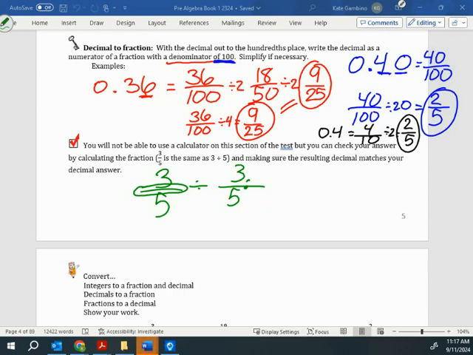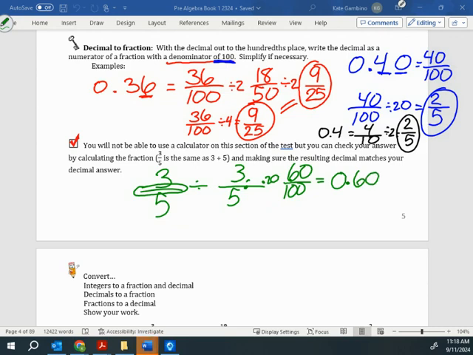So let's see if that works. If I do my steps, I want to go from 3/5 to a decimal. How did I go from 5 to 100? Multiplied it by 20. 3 times 20 is 60. So then that gives me 0.60.